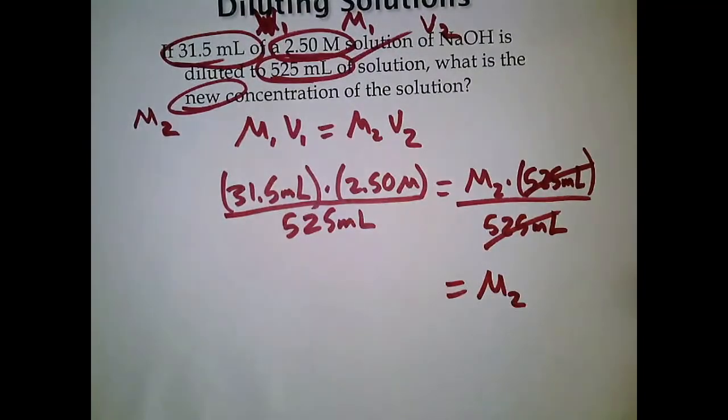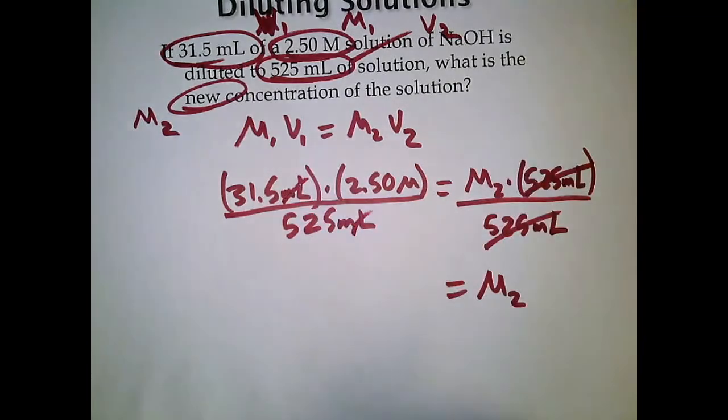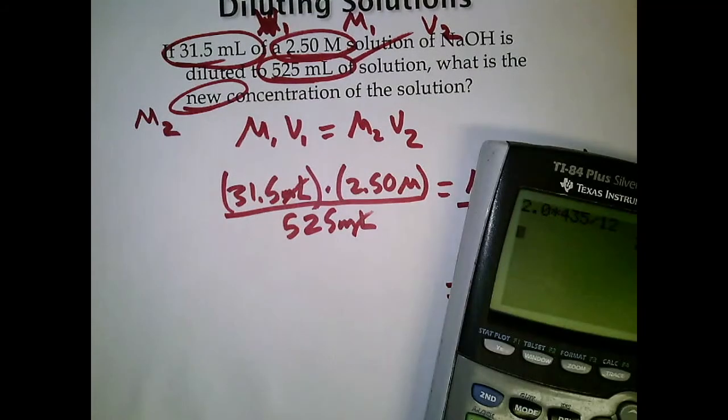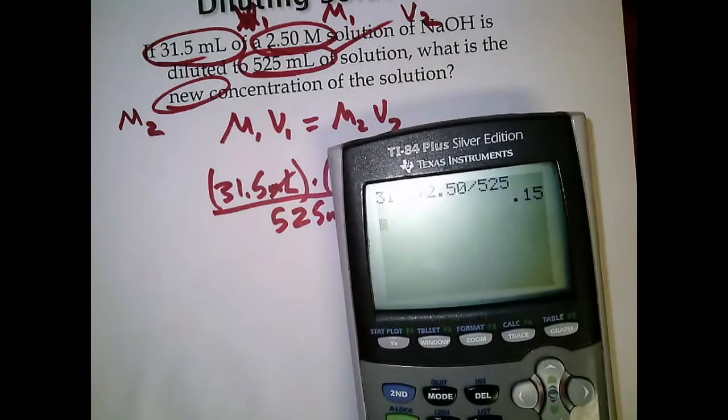This I can plug into a calculator, and as you can see, the milliliters are being divided by milliliters, so that's actually canceling it out. As long as you don't convert them, they cancel out because they were both milliliters. Okay, so plug this in here. 31.5 times 2.5 divided by 525 is 0.15.